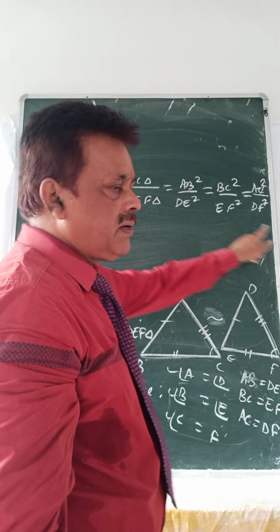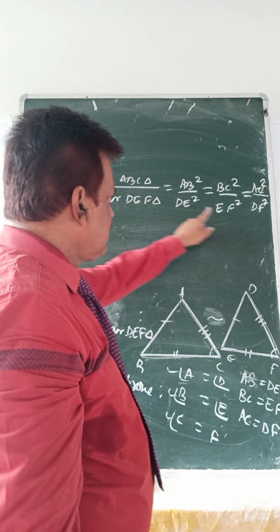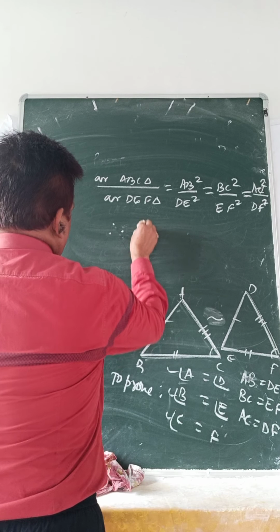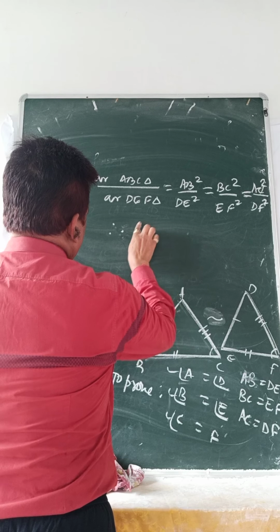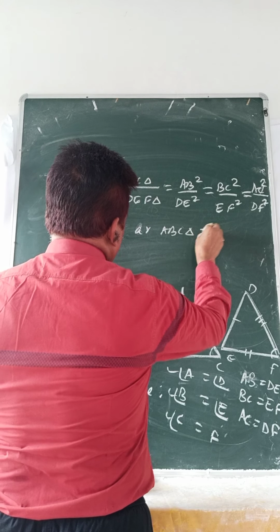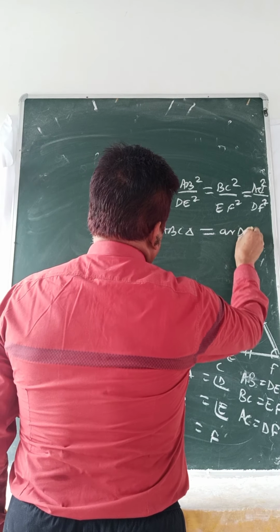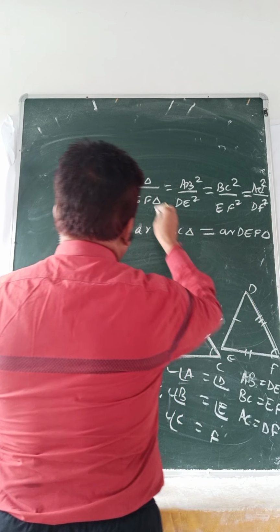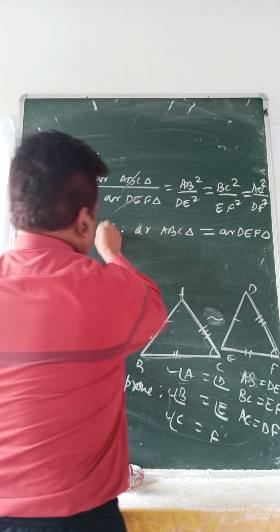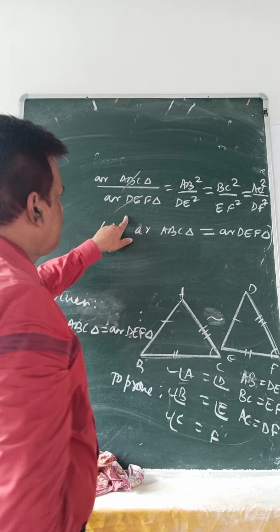This is the formula when two triangles are similar. Since area of ABC equals area of DEF, these two cancel, that means 1.